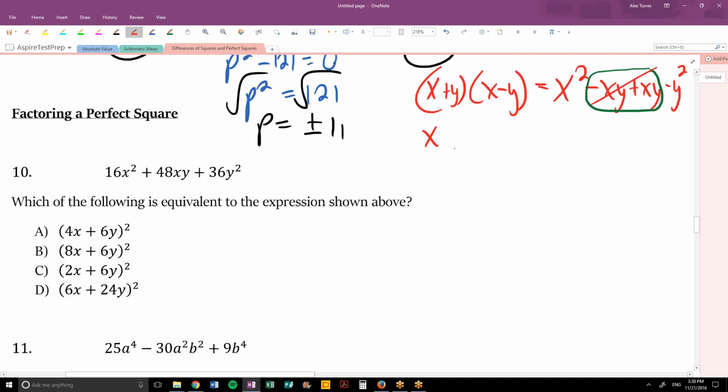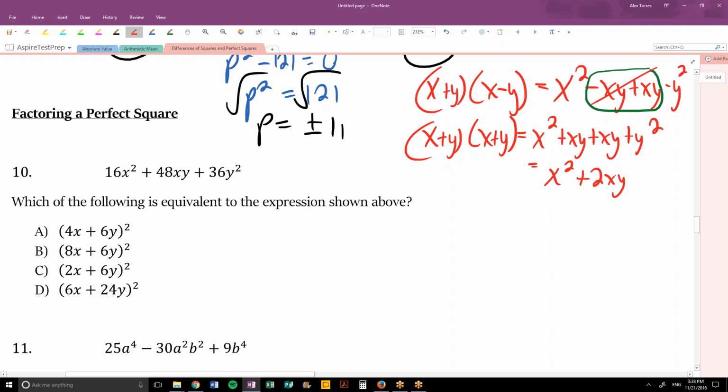However, if I had x plus y times x plus y and I foiled that out, I'd have first times first, outer times outer, inner times inner, last times last. So something similar is going to happen, but it's not that the two middle terms are going to cancel, it's that the two middle terms are going to always combine together to double whatever you had for the outer and inner multiplication.